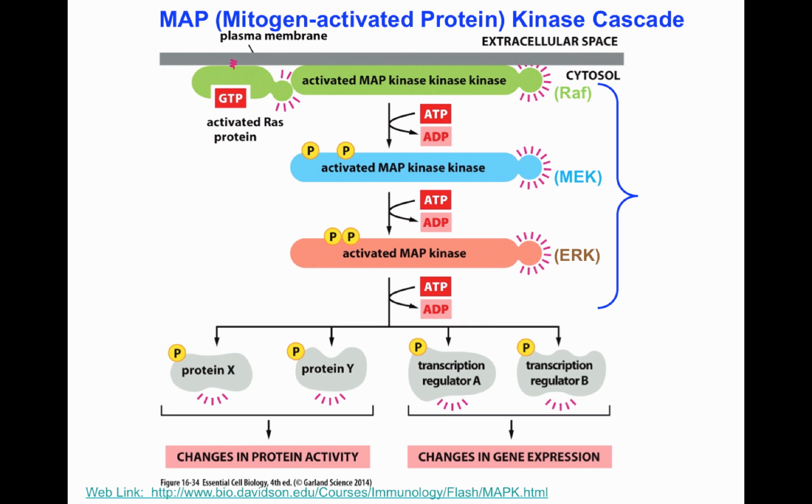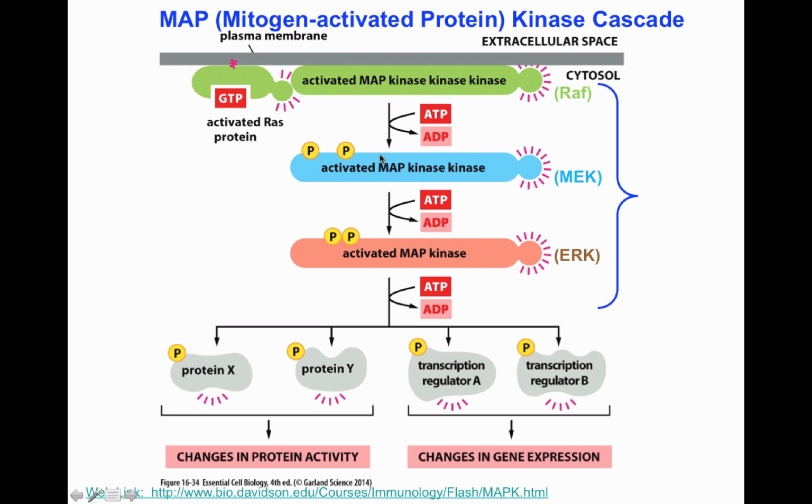So we have 3 kinase molecules: MAP kinase kinase kinase, the second one MAP kinase kinase, and the third one MAP kinase. MAP kinase kinase kinase phosphorylates MAP kinase kinase. MAP kinase kinase phosphorylates MAP kinase. As I mentioned, one example of the MAP kinase kinase kinase is RAF.